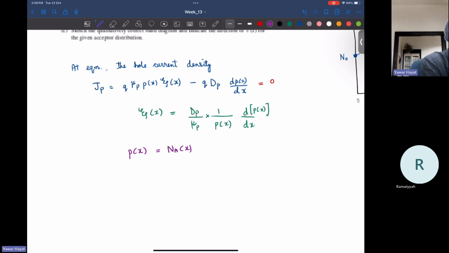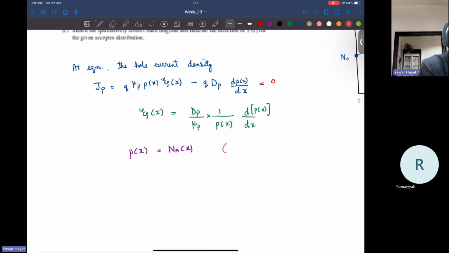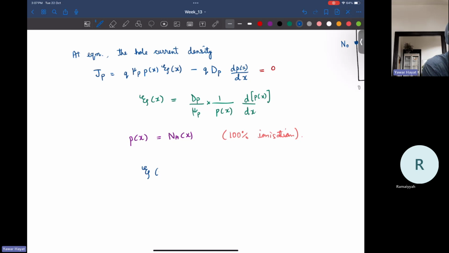Yeah, so the assumption that I've used is 100% ionization, as you rightly pointed out. I'm doing it to simplify the calculation because then I can write E of x as D_p by mu_p, which using Einstein's relation is kT by q, right? Let's write it as kT over q. Now, what about 1 over p of x?